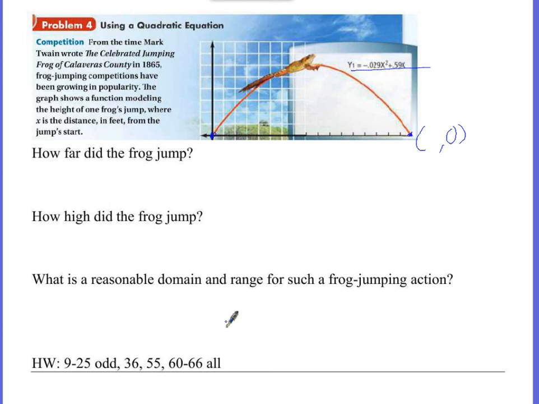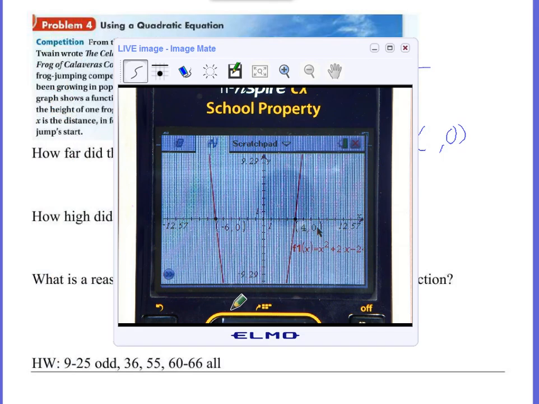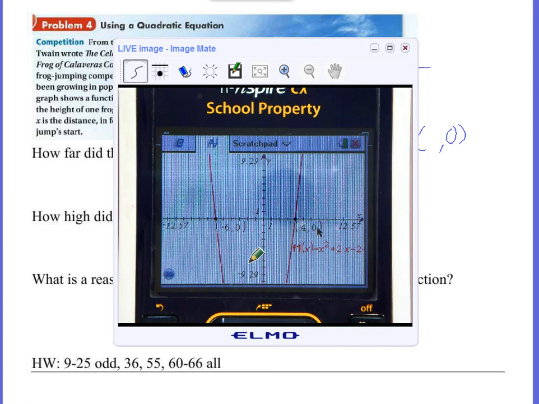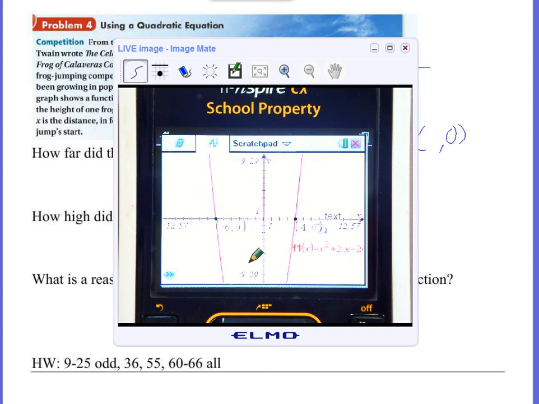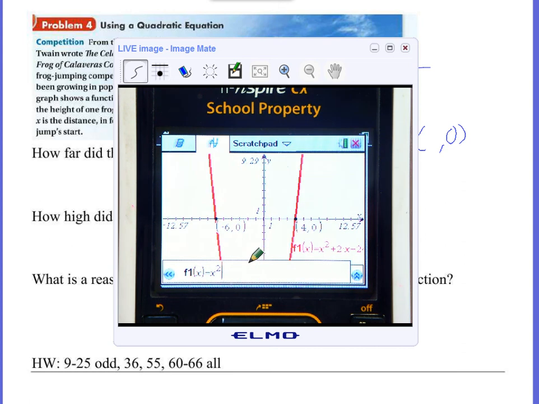Go back to the calculator. And now I want to change that equation to my new equation, which is negative 0.029 x squared plus 0.59 x.